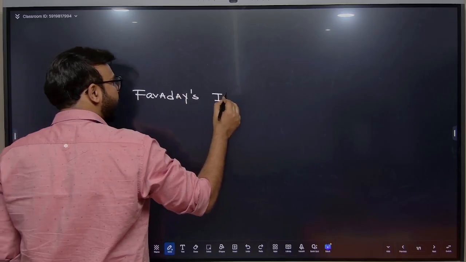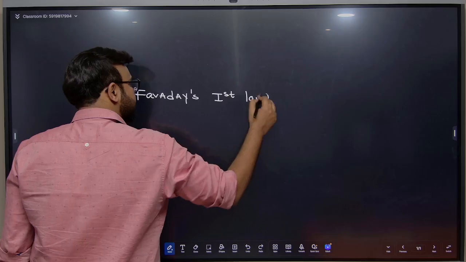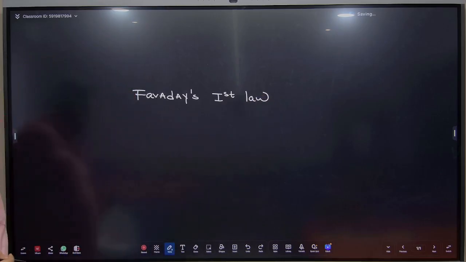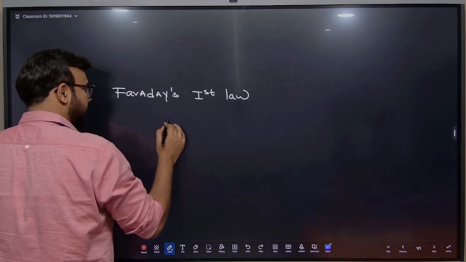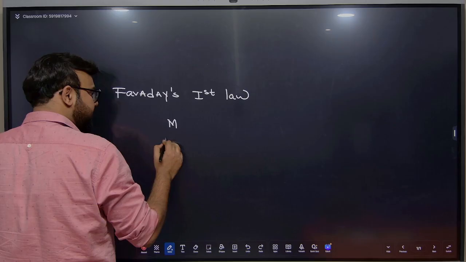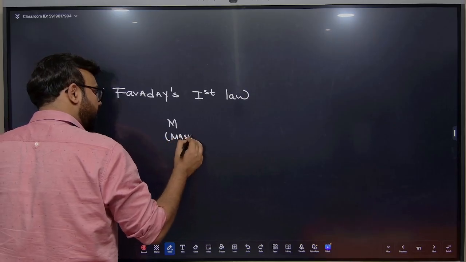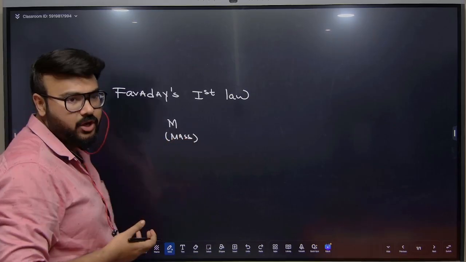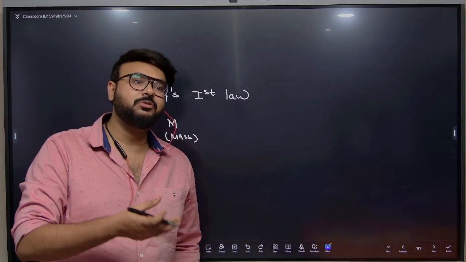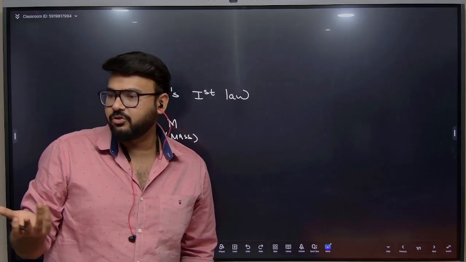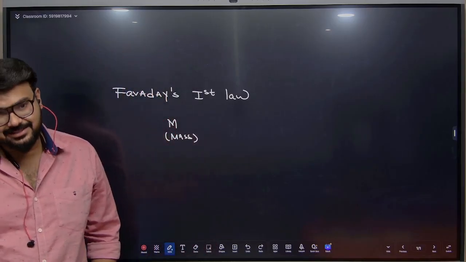So let's continue. Faraday's first law. I'll just give a quick recall. Remember, it says the mass which will be deposited or liberated at any electrode, either cathode or anode, because at the cathode or anode some mass is deposited or some gases are evolved, right?